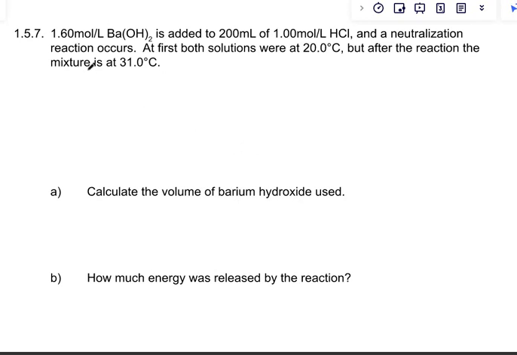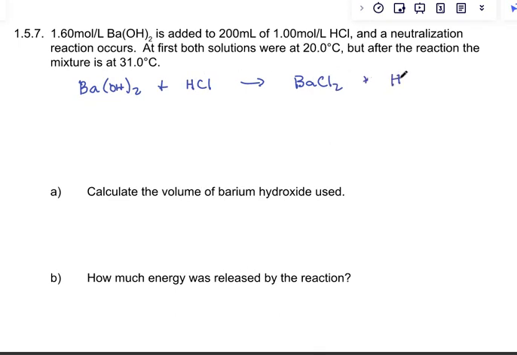So let's get a reaction down here. They say barium hydroxide reacts with hydrochloric acid. This will be a double replacement, so we'll get barium chloride and hydrogen hydroxide, also known as water.